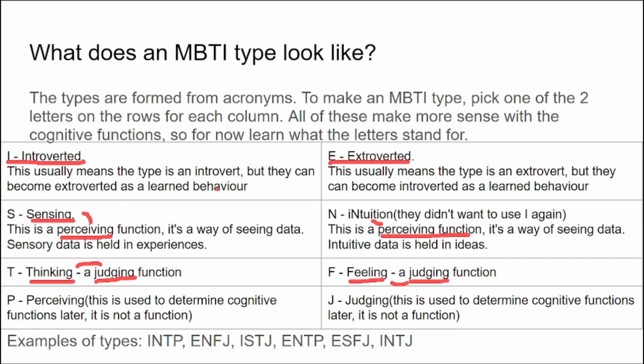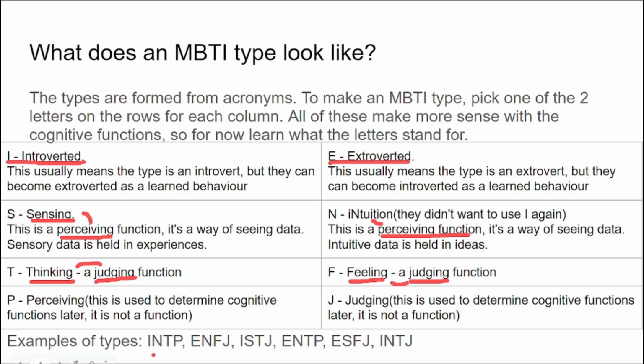So this also means that since the perceiving functions are on this layer, and the judging functions are on this layer, the second letter of an MBTI type is always going to be their perceiving function, and the third is going to be their judging function.